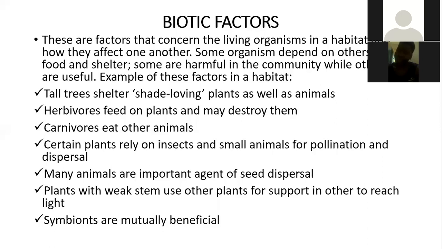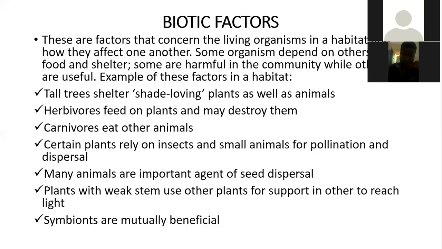Some organisms depend on others for food and shelter. Some are harmful in the community, whilst others are useful. So, from what I just read, you notice that it's natural or biological factors that affect organisms and the ecosystem, being that they depend on food and shelter, or are harmful or useful in an ecosystem.